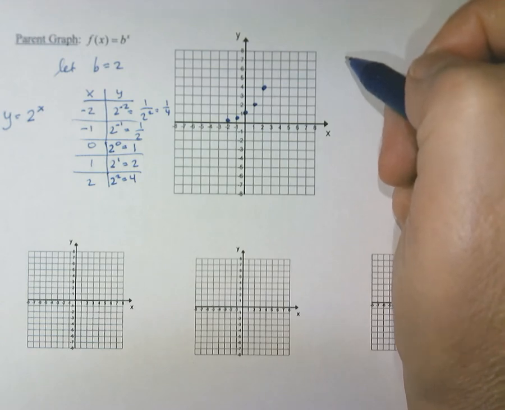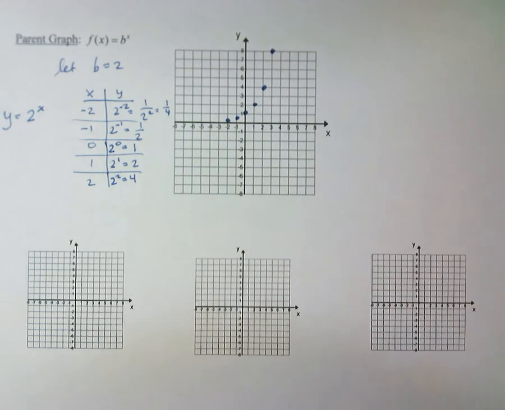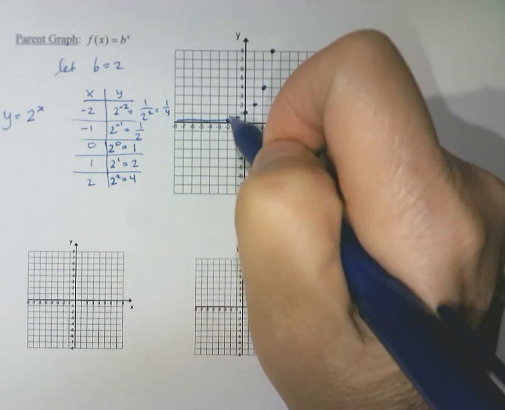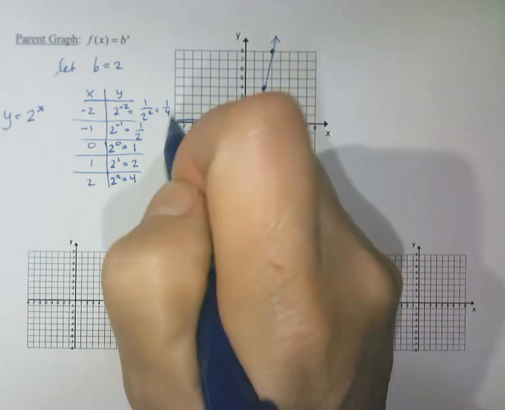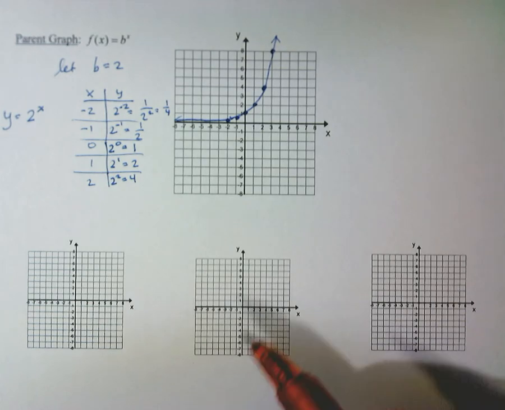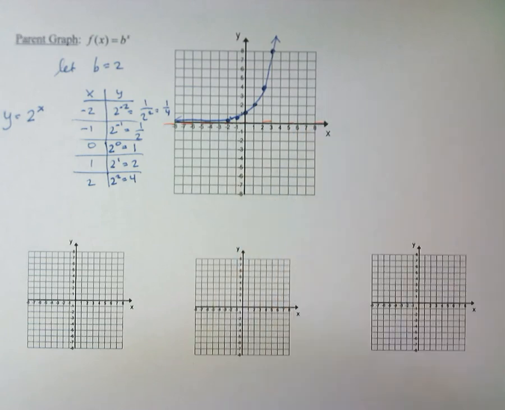And we could keep going. 2 to the third power is 8. 2 to the fourth power is 16. But that gets a little bit ridiculous. So we're going to stop here. And that's what the exponential graph looks like. So I've got this horizontal asymptote at y equals 0.